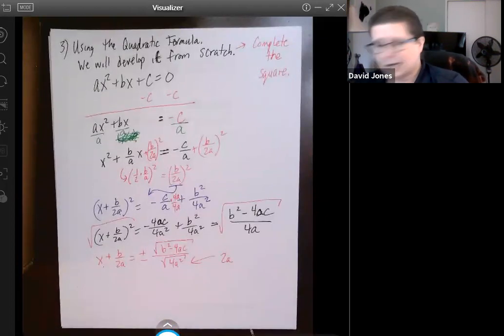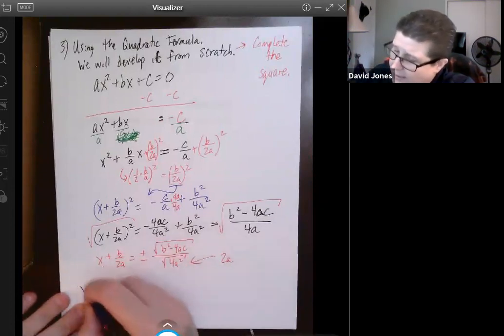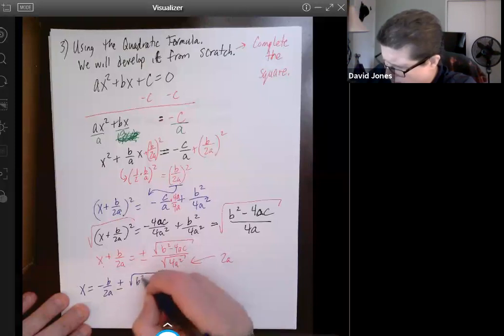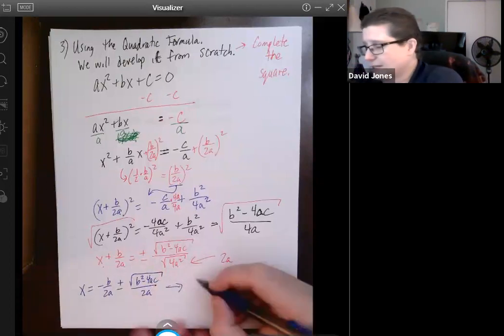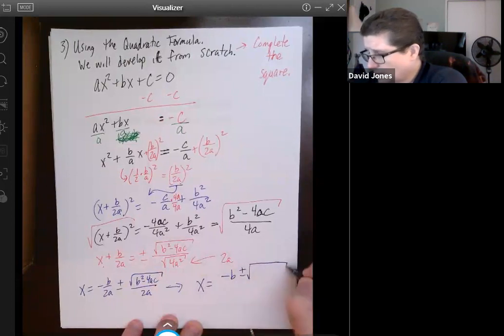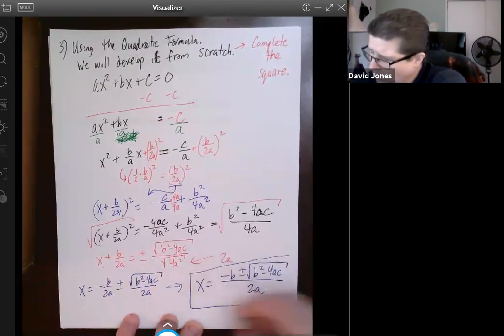If I subtract b over 2a from both sides, I end up with the quadratic formula. We combine it to make one fraction. That's the quadratic formula.